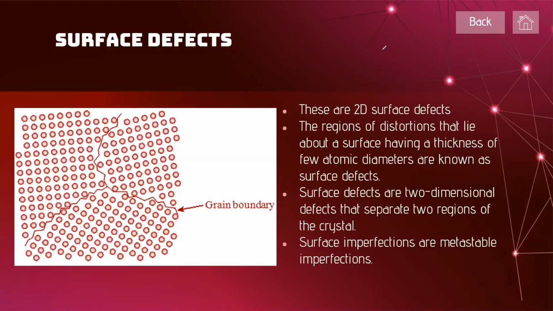Now, surface defects. The regions of distortion that lie along a surface, having a thickness of a few atomic diameters, are known as surface defects. Surface defects are two-dimensional defects that separate two regions of the crystal. Surface defects will have the same atomic crystal, but just a different orientation.